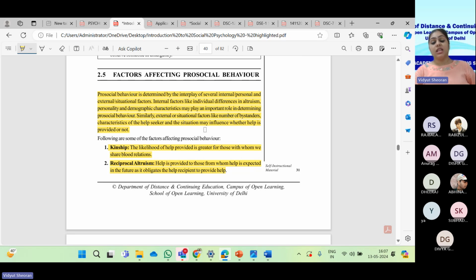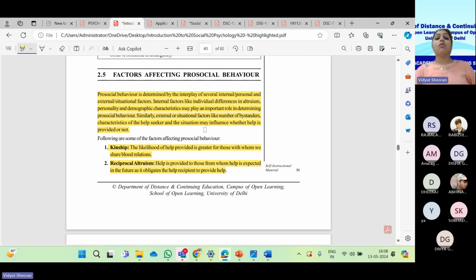Kinship means family. People who are your family members will certainly be given priority over those people whom you don't know, or even friends or anyone known can be given priority over those people who are strangers to you.